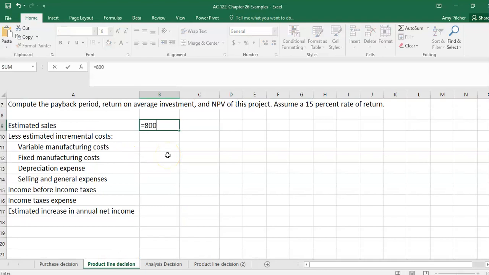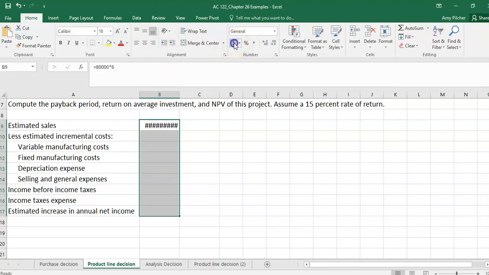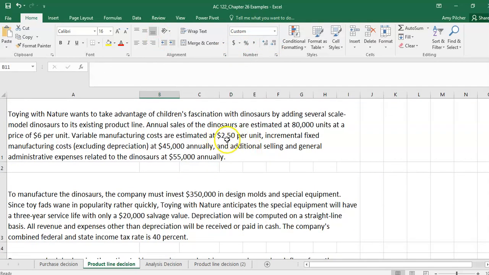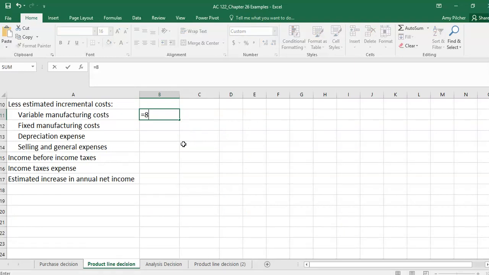So 80,000 units times $6 per unit. Our variable costs are $2.50 per unit. So 80,000 units times $2.50.